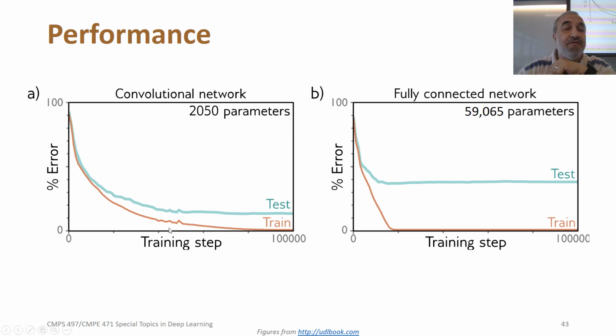So the generalization for the convolutional network was much better, which means that, if you remember the discussion of the double descent, the interpolation between the data points is much better in the case of the convolutional network.